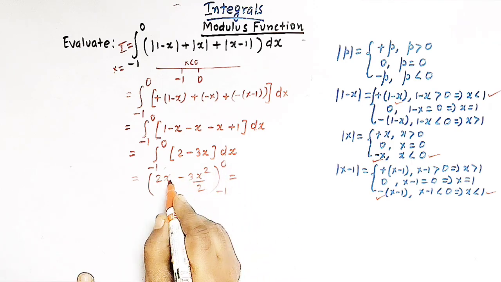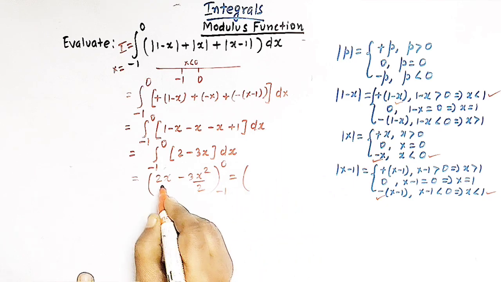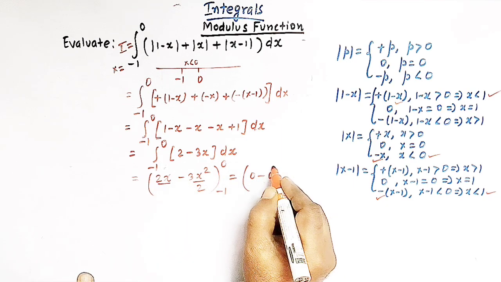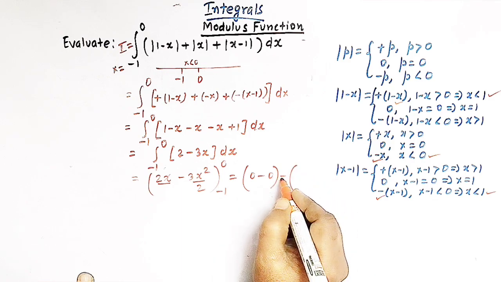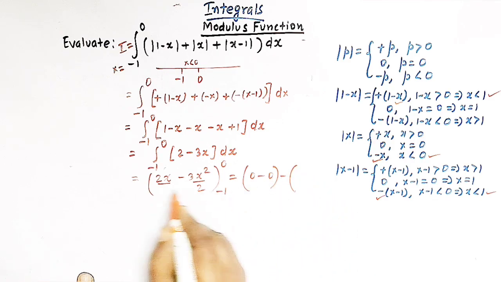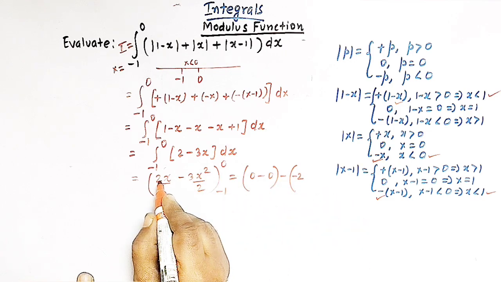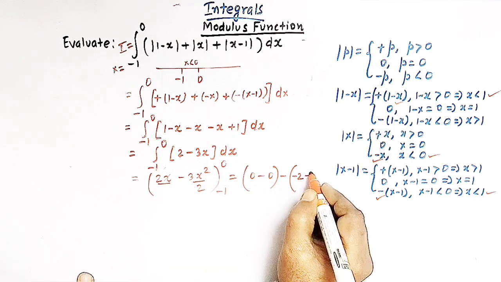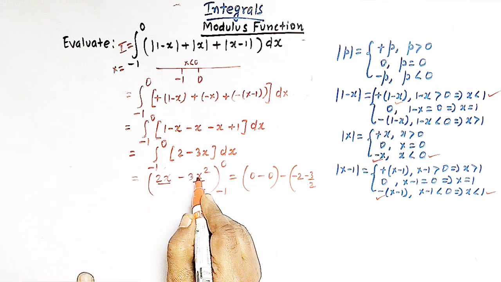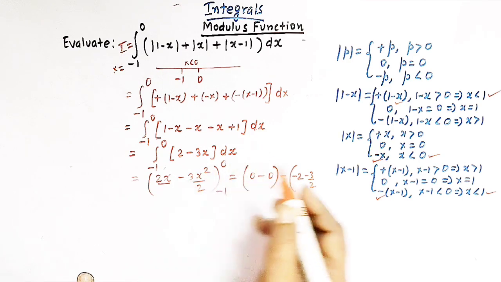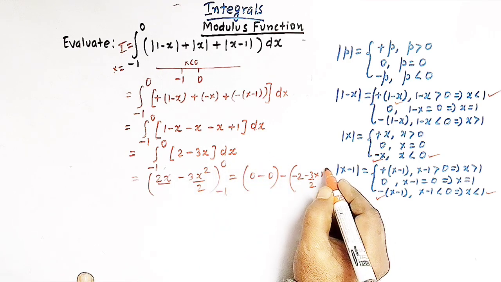So first we'll substitute here x is equal to 0. So we have here 0, then here also we have 0, and then we have the negative sign, and then we'll take x is equal to minus 1. So we have here minus 2, and here we have minus 3 over 2, and minus 1 square, and minus 1 square is positive 1.